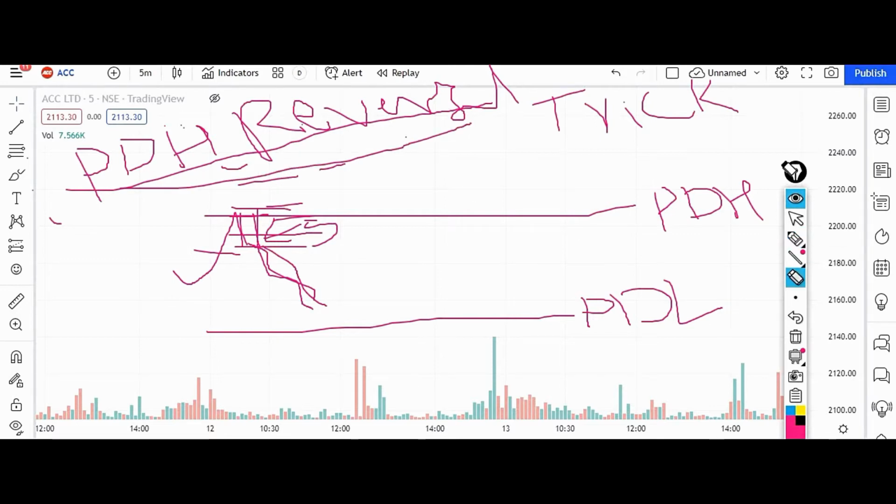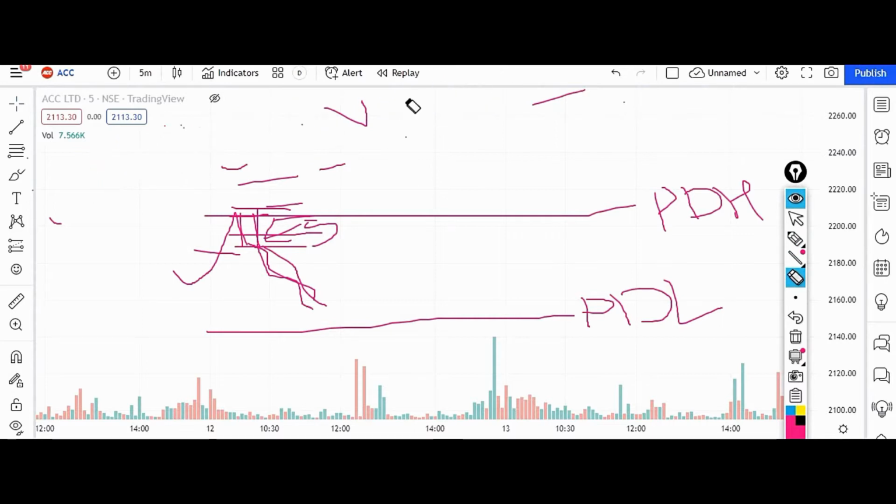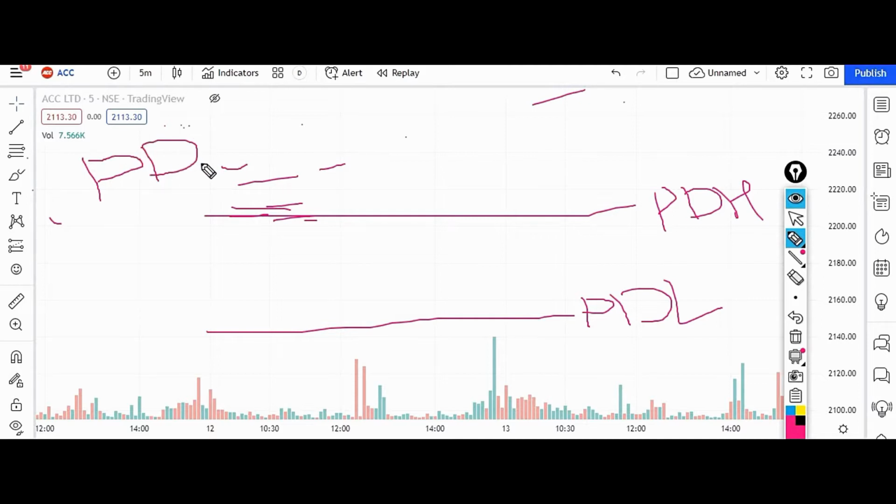Let's move to the third case, which is PDL breakdown. PDL breakdown is nothing but previous day low breakdown.